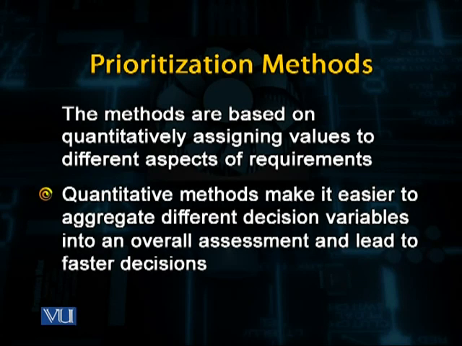Quantitative methods make it easier to aggregate different decision variables into an overall assessment and lead to faster decisions. Now, whenever you have quantitative analyses, you can always look at the final number and you can make the decision. You can compare the two requirements or whatever you are comparing, and the decision can be made fairly easily.